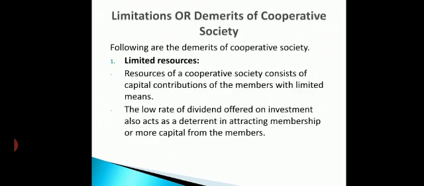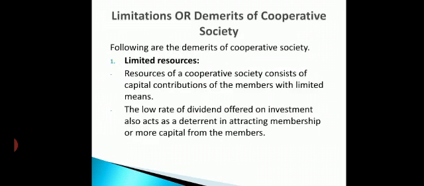Today we will discuss limitations or demerits of cooperative society. So, first one is limited resources. Resources of cooperative society consist of capital contributions of the members with limited means. Now, how do cooperative societies raise money? They raise money by allotting shares to the members, and the shares will be purchased by the members, and they will contribute in the form of capital.